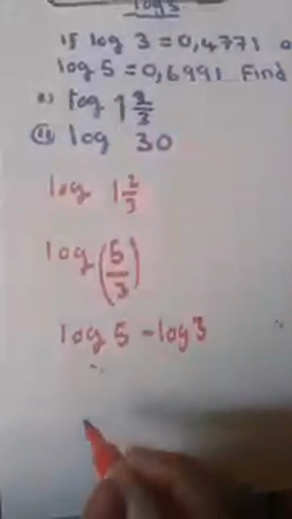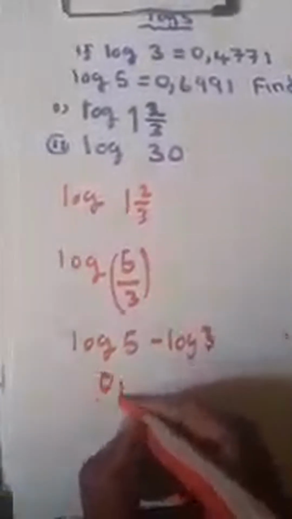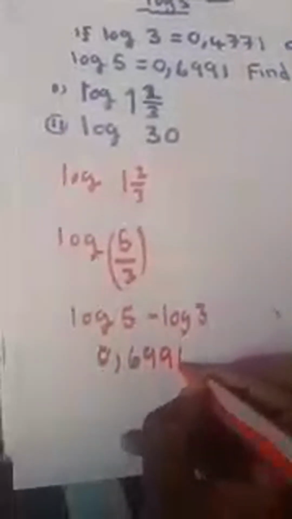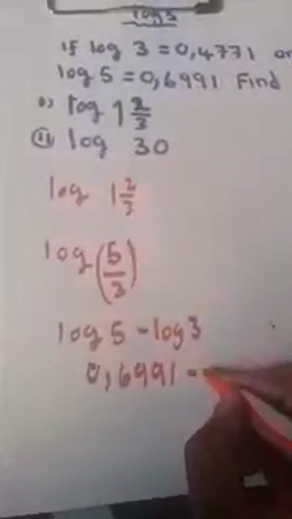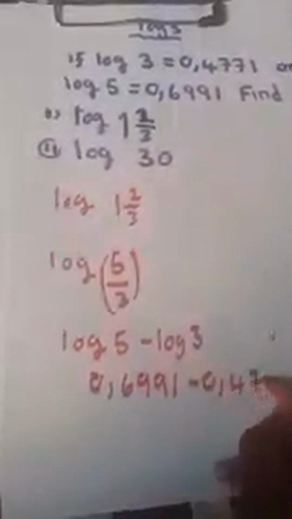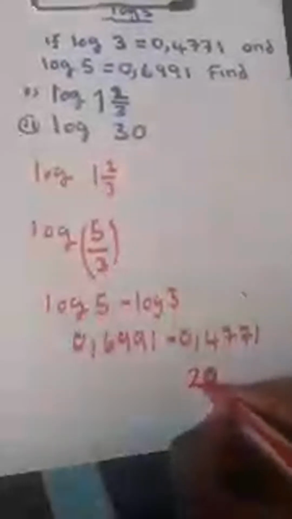So log 5 is given as 0,6991, minus log 3, 0,4771. Are we together, guys? So we are now subtracting: 1 minus 1, we get 0. Then 9 minus 7, we get 2.